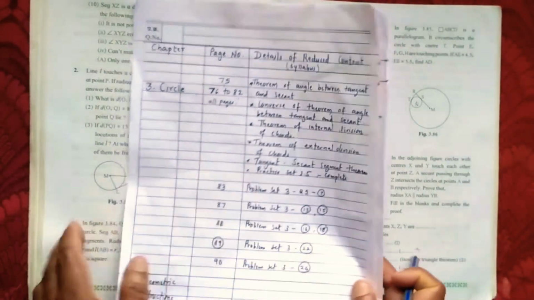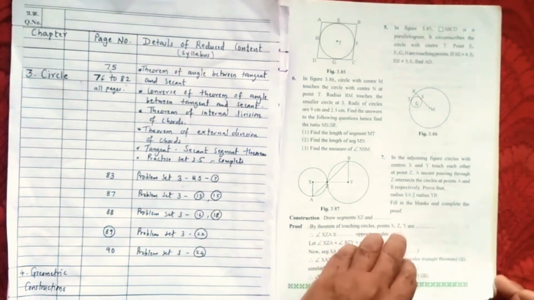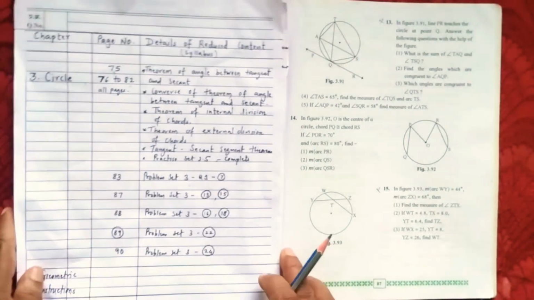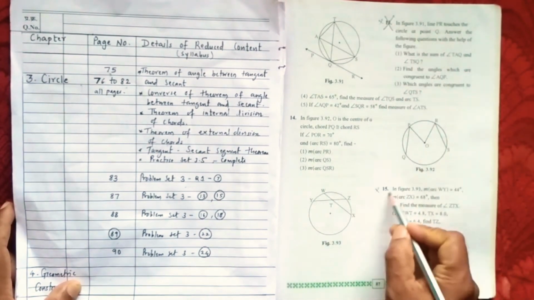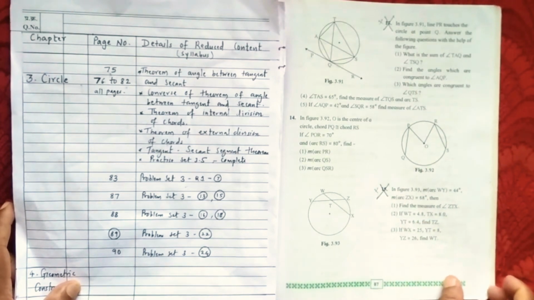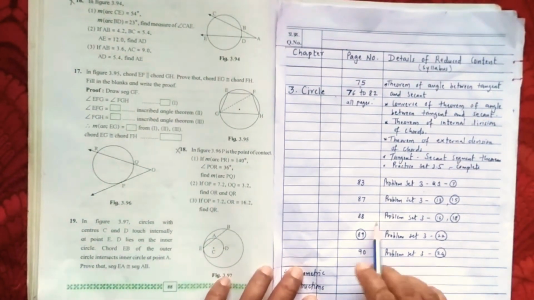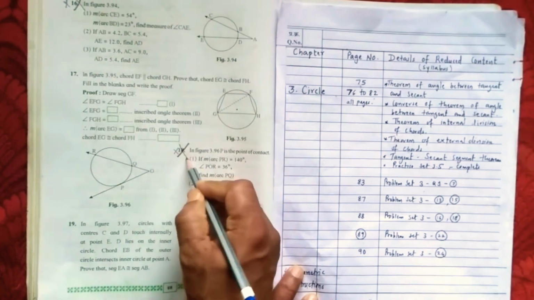Now page number 87, problem set 3, example number 13 and 15 are reduced from the syllabus. Then page number 88, example 16 and example 18 are reduced from the syllabus.